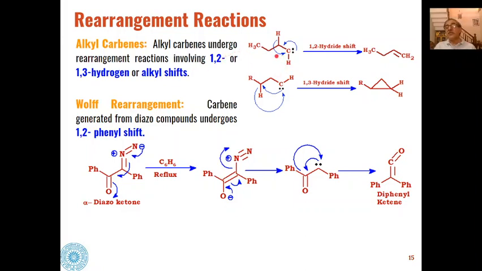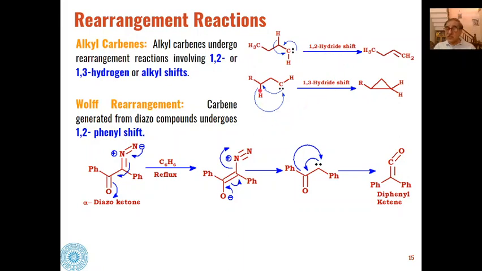So for example, if we are having this carbene, and if it undergoes this type of shift, that this hydrogen along with the pair of electrons is shifted to this place, and this bond is used to form a carbon-carbon double bond, then we will get these types of alkenes as the product through 1,2 hydride shift.